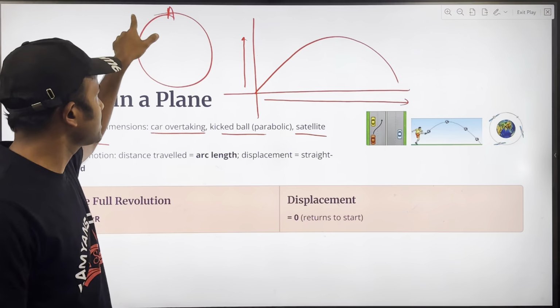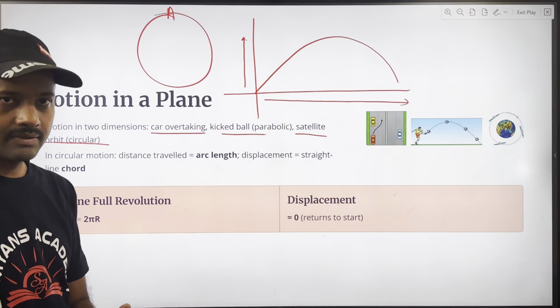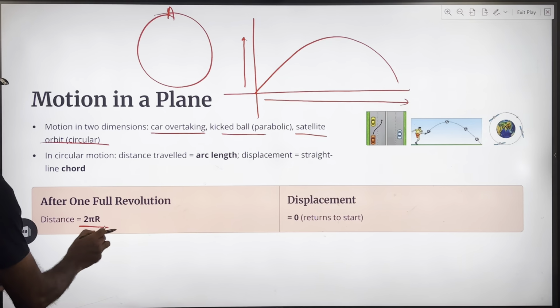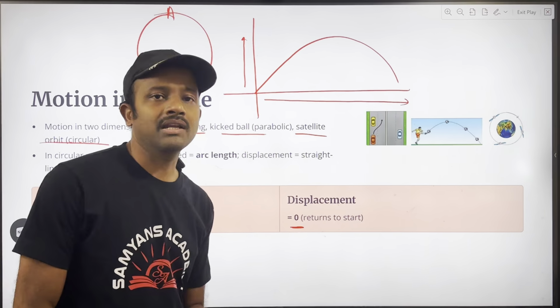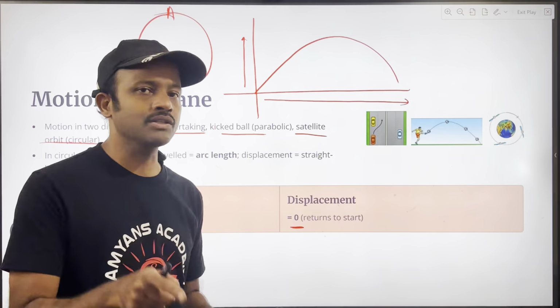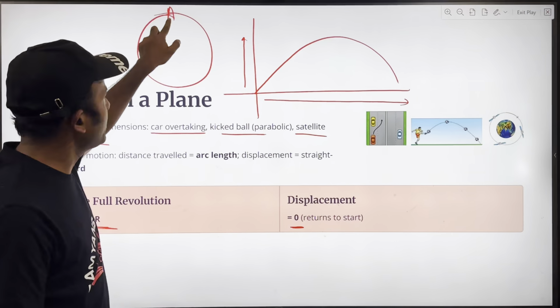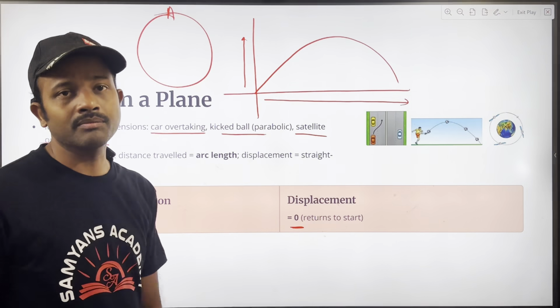The circumference of this path gives you the distance, that is 2 pi r. But displacement is 0. The initial and final points are coinciding. The particle starts from A, again reaches A, so the final and initial points coincide, which means the displacement becomes 0.